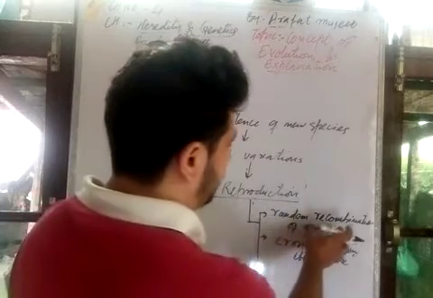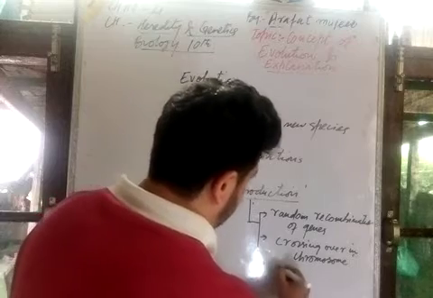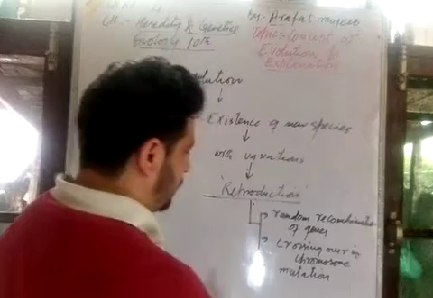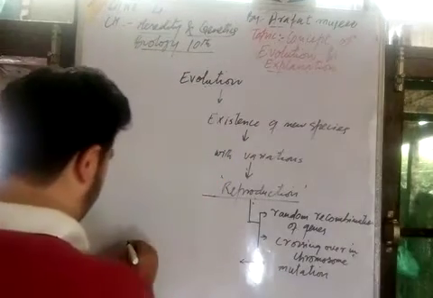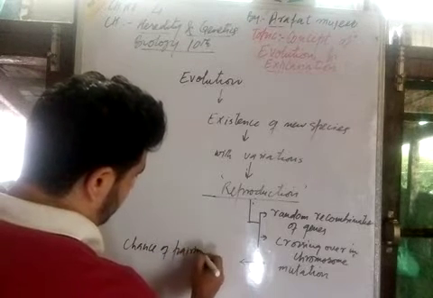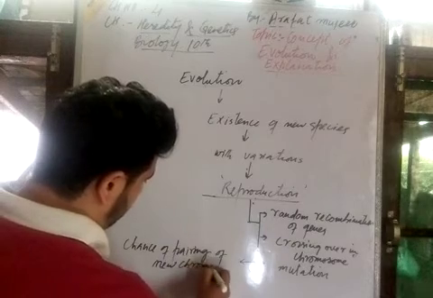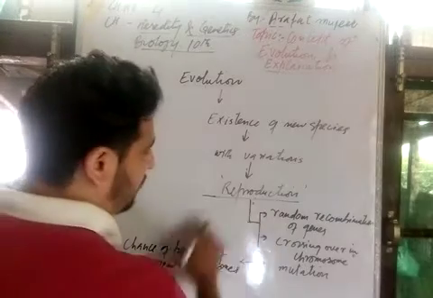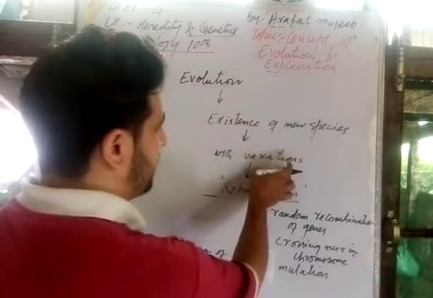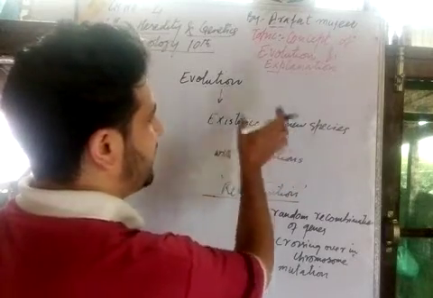Reproduction में chances of random recombination of genes, crossing over in chromosomes, and later on there is the mutation, and there is also the chance of pairing of new chromosomes, which all cause the variations.